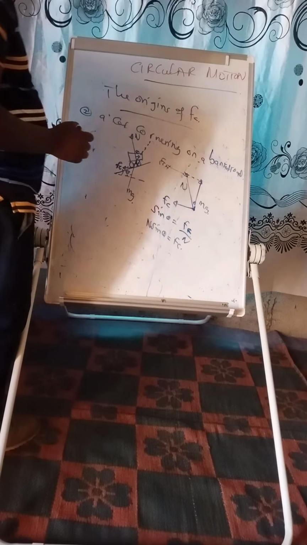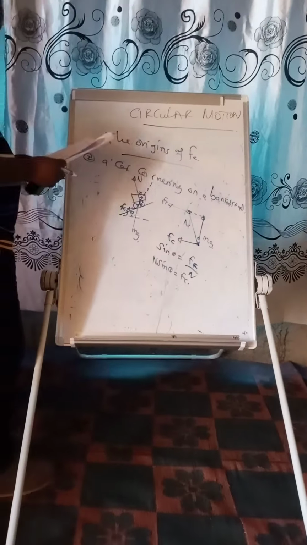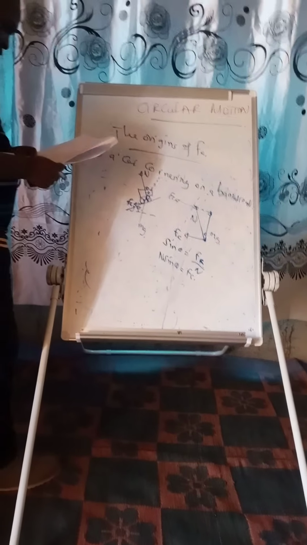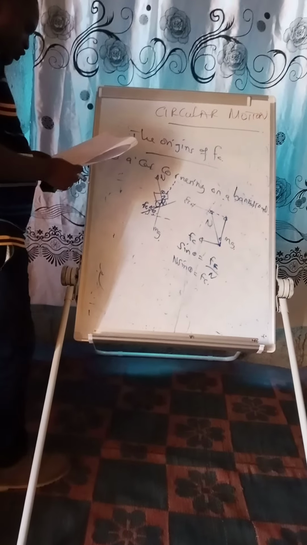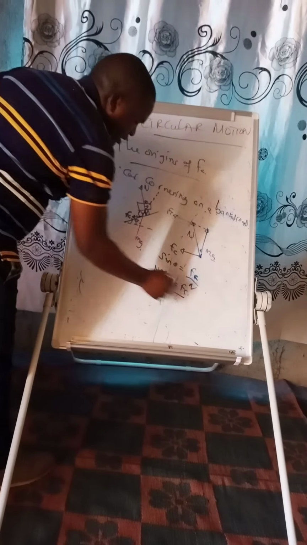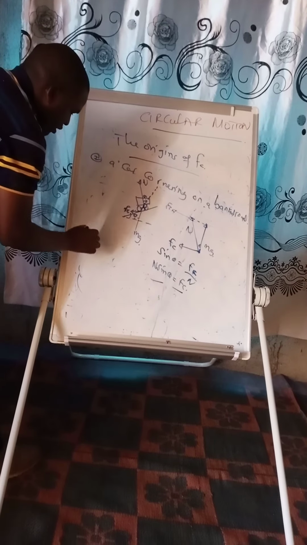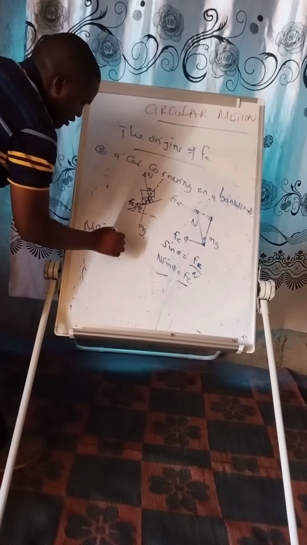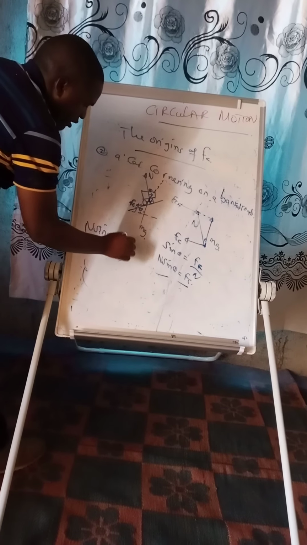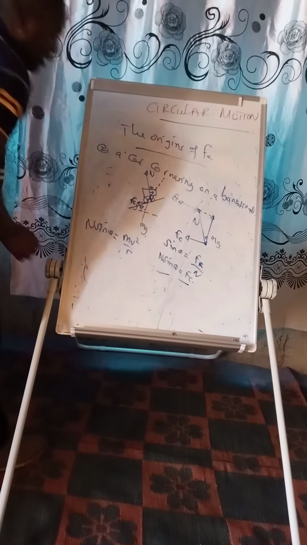That's why we say here the horizontal component will provide centripetal force. So our centripetal force N sin theta is equal to mv squared over r.